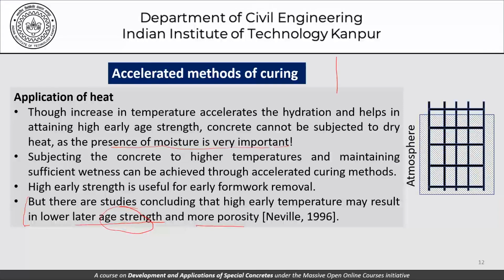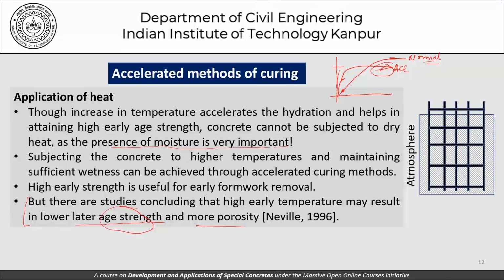So if you want to plot a graph, it will look something like this. This is my strength for accelerated curing conditions. This could be my strength for normal curing conditions. So as far as normal curing is concerned, at the initial stages, the strength could be lower, but for accelerated conditions, this will be higher, but finally this strength could be lower than what we are getting through normal curing.